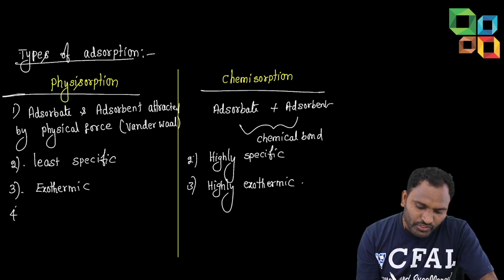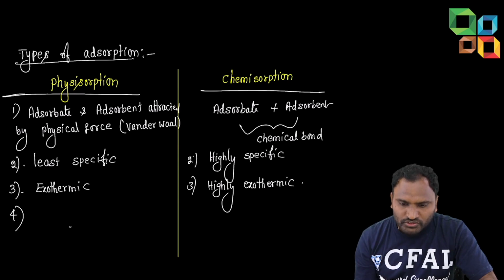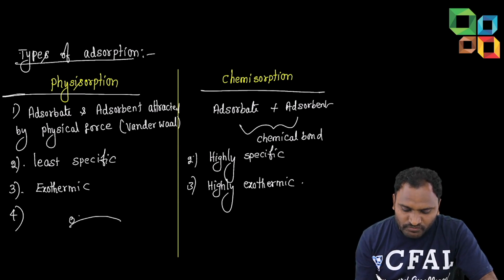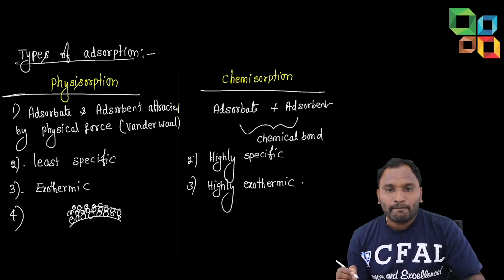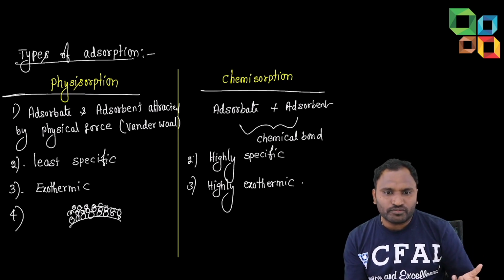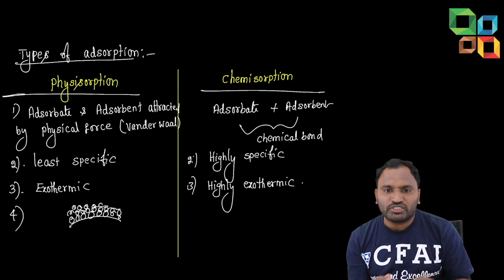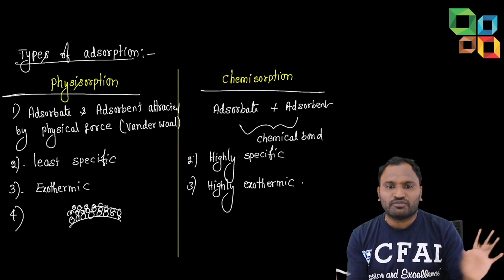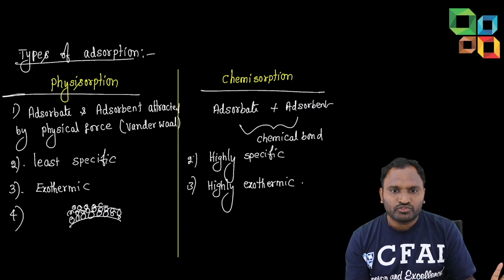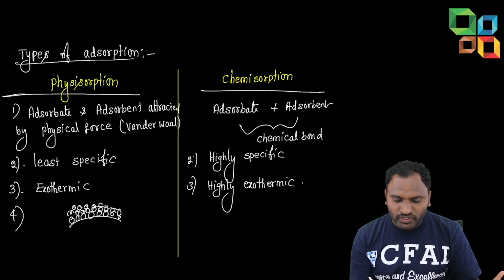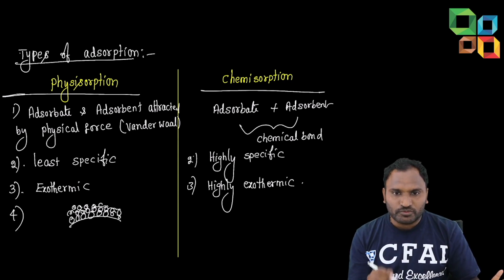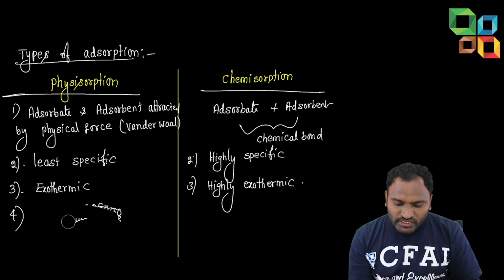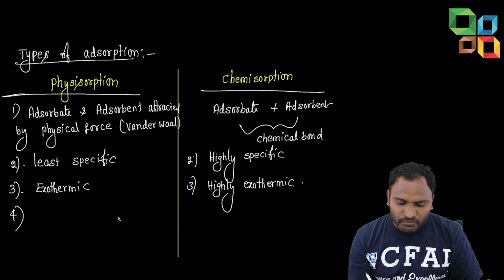And during physical adsorption, see students, this is the surface. One time adsorption took place, and again upon that one more layer will form because it is physical adsorption. So multi-layers can form. During chemical adsorption, there is no multi-layer formation, just product formation takes place, because of the chemical bond. So physical adsorption is a multilayer process.